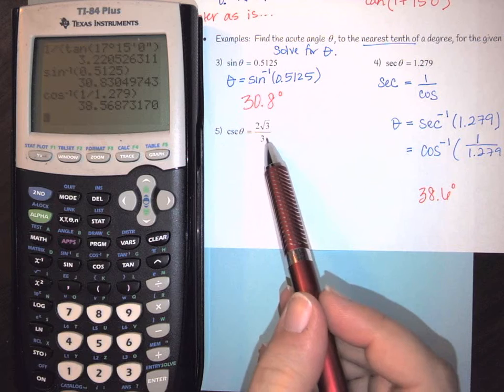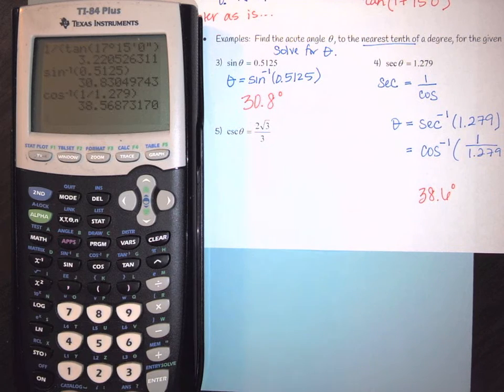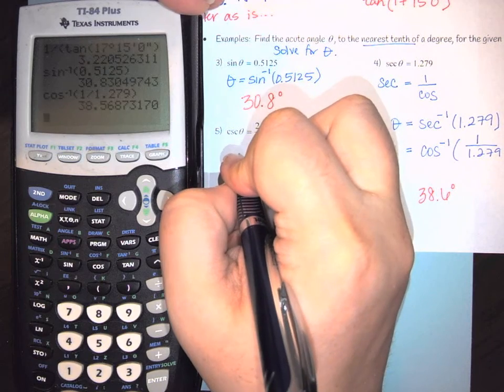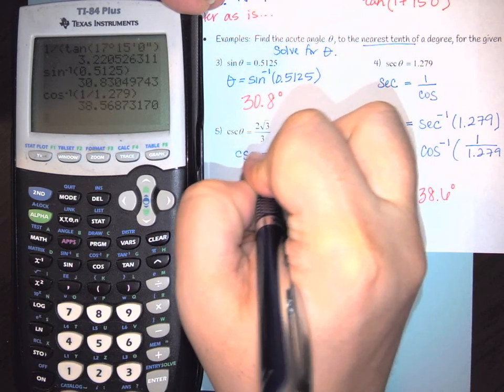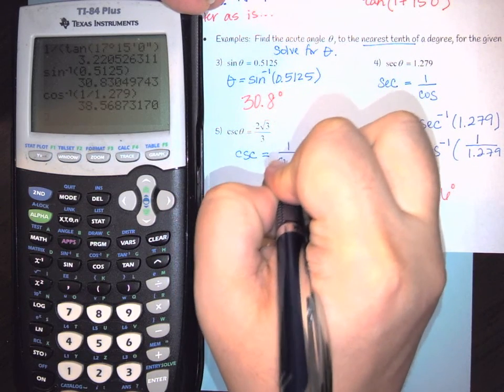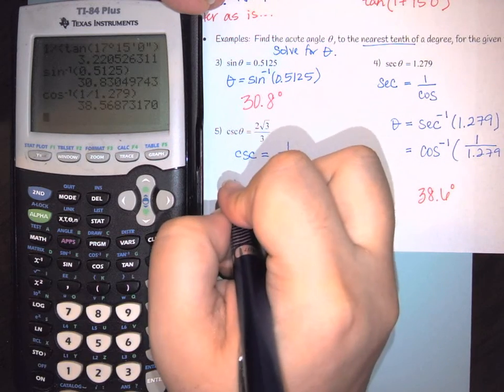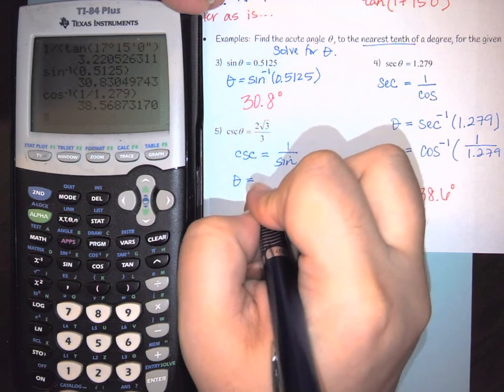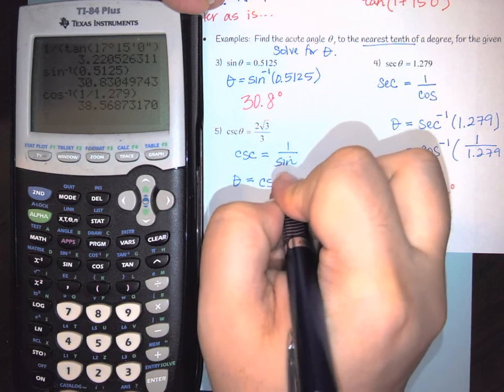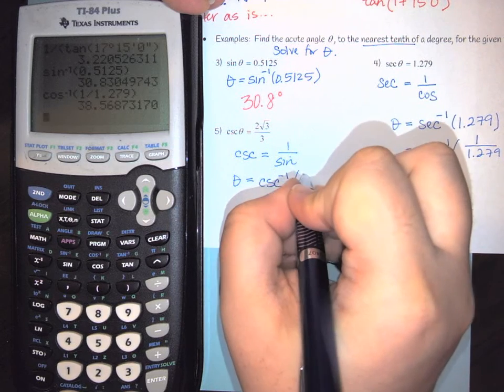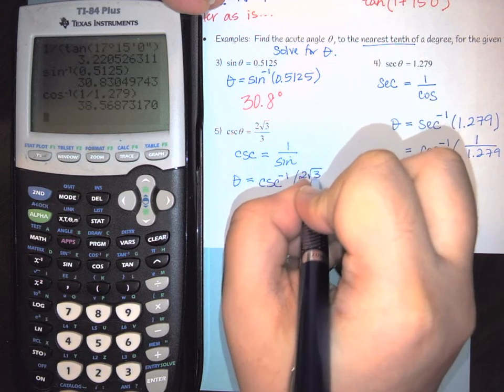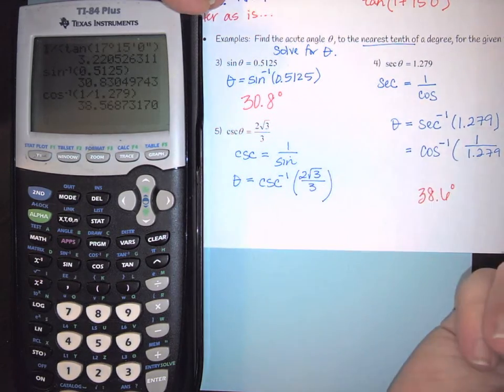Now the last one is a little bit tricky because we've got this radical here, but again it's going to be similar in style. We know that cosecant is the same as 1 over sine. In this case, my theta is going to be cosecant to the negative first of 2 square roots of 3 over 3.